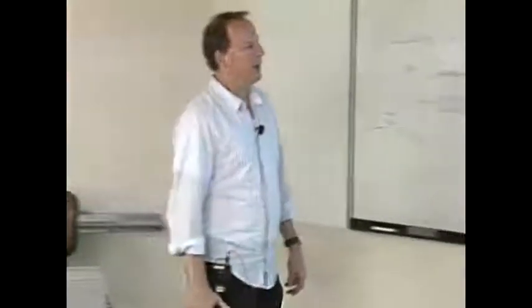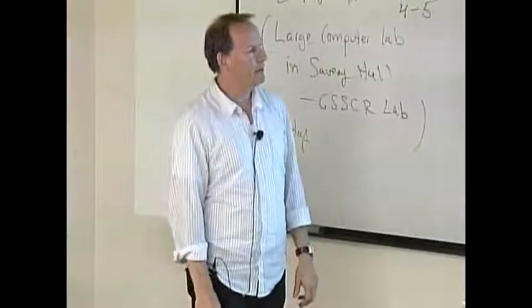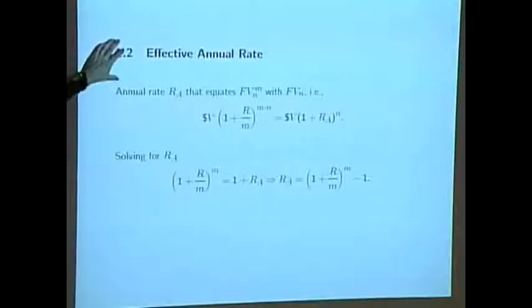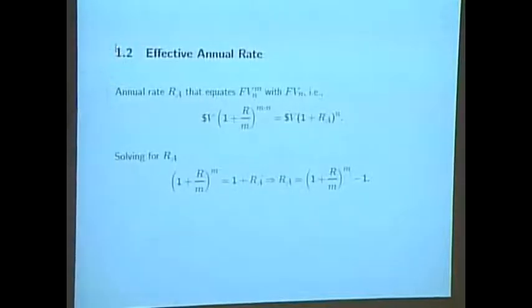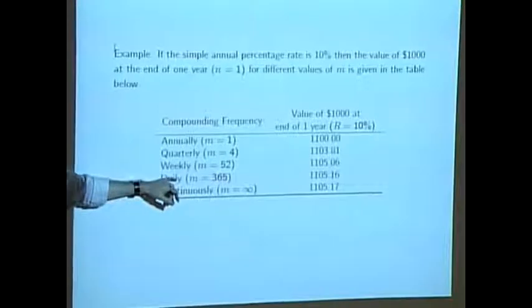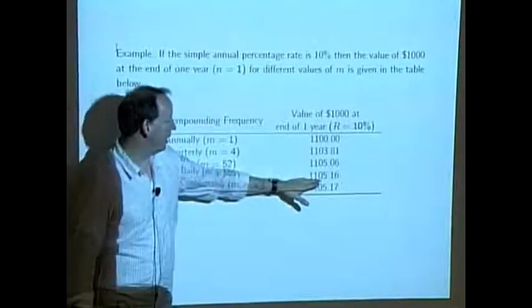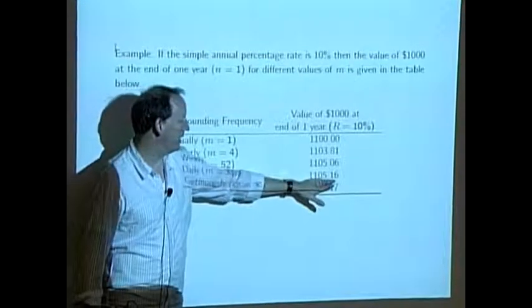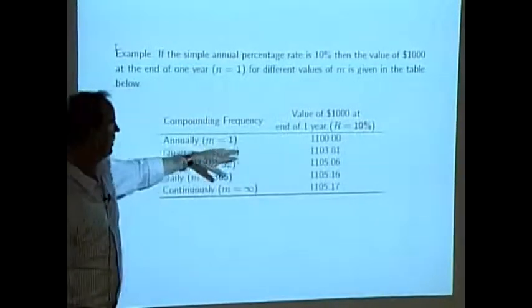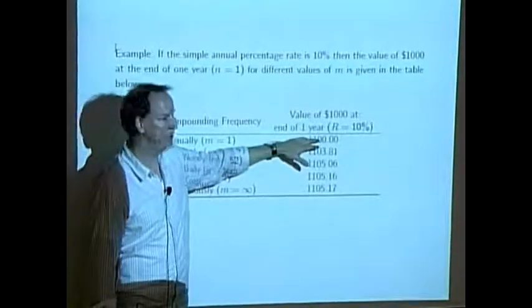Now, because we have compounding periods that could be different from a year, there's a concept known as the effective annual rate. We saw that when we compounded daily, we got $105.16 of interest, right? And when we compounded once per year, we only got $100 of interest.